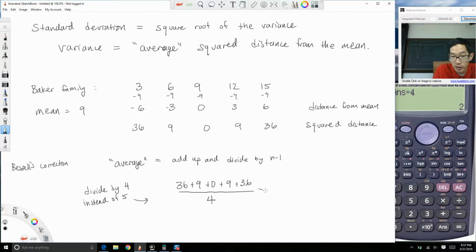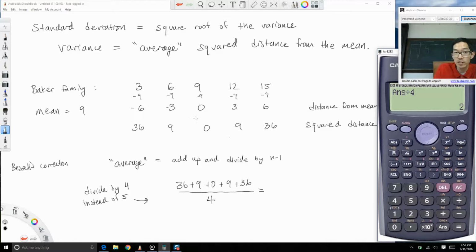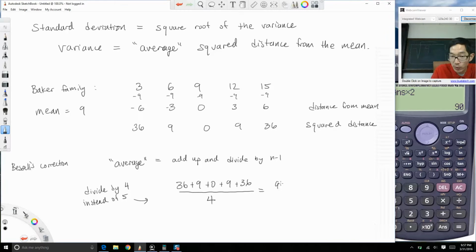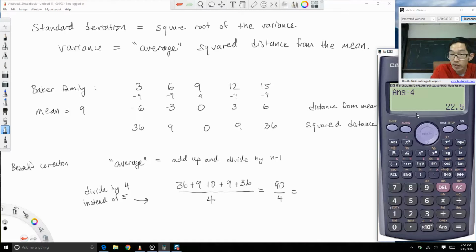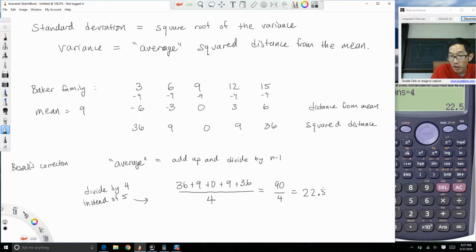This value is the variance. It's the quote-unquote average squared distance from the mean. So I do 36 plus 9, plus 9, and so on, and I get 90, and I do 90 divided by 4. And so this is 22.5. My variance is 22.5.